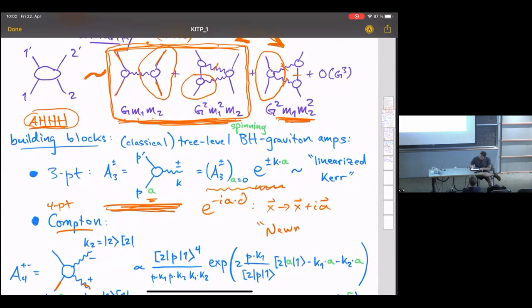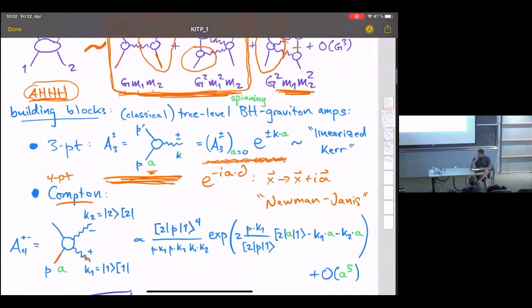That is part of the Newman-Janis way of understanding a Kerr black hole: a Kerr black hole is kind of like a Schwarzschild black hole, except you translated it off into complex land by an amount i a. And this has been understood in many different ways in many papers.